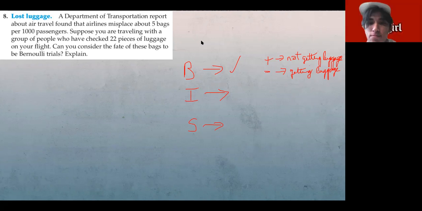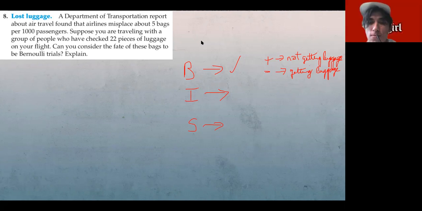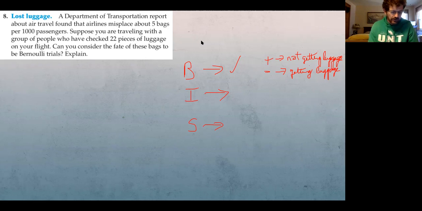And this is where it's a little bit more subtle. I understand this is kind of weird the first time you see it, but hopefully one example can make you think about it.